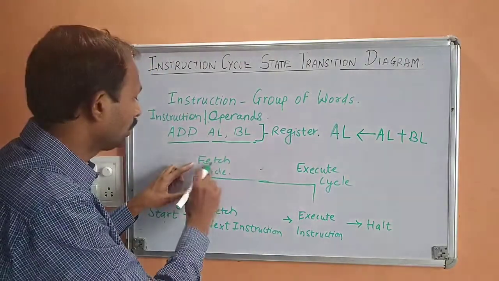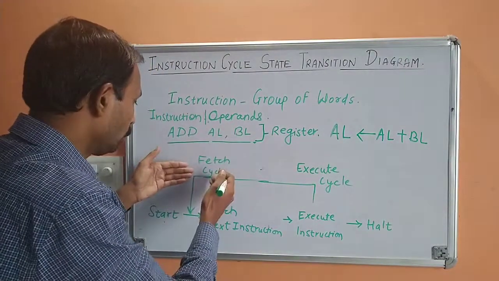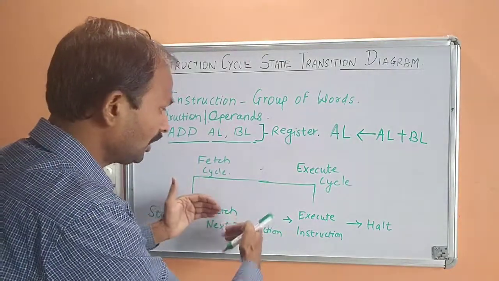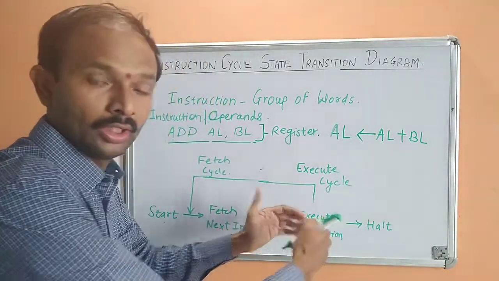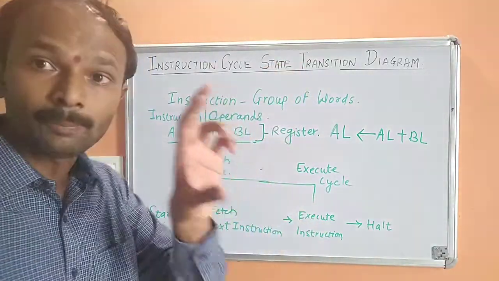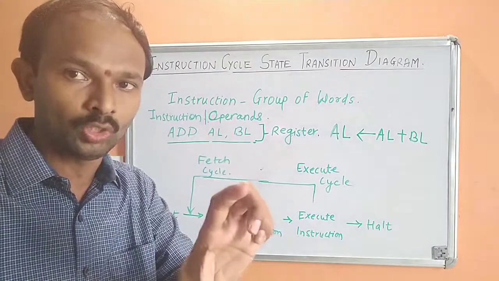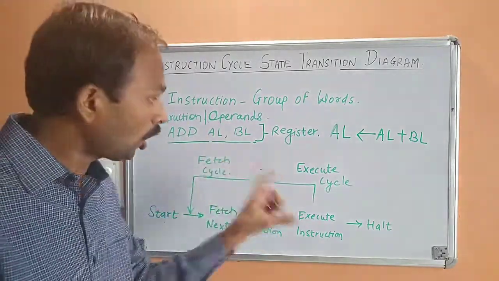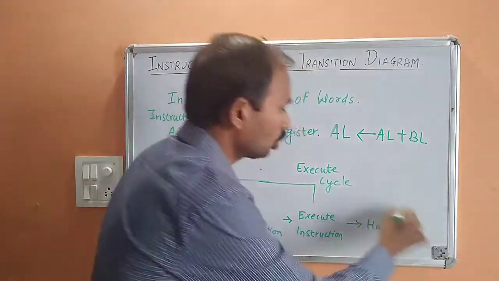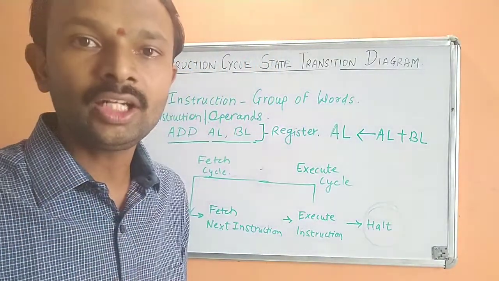This is known as the fetch cycle. Fetching continuously goes on, and then after fetching the execution goes on until all the instructions inside the program are completely executed. Once all instructions are completely executed, the last operation is known as the halting cycle.